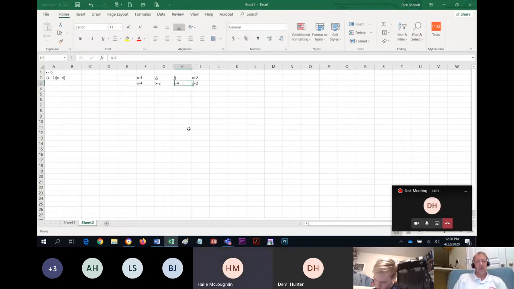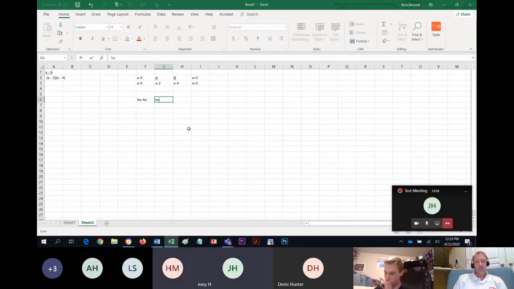Okay. So in the numerator, we're going to get ax minus 4a. And then on the other one, we're going to get bx. Wouldn't you be multiplying it by x minus 2?